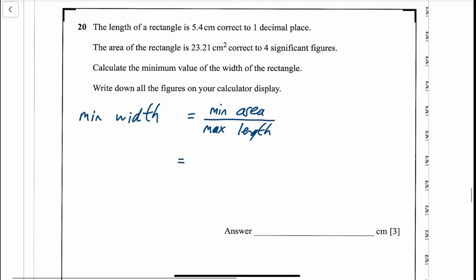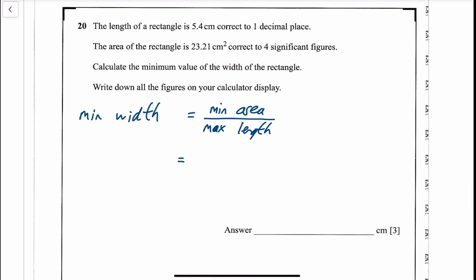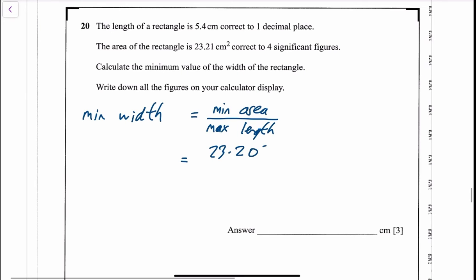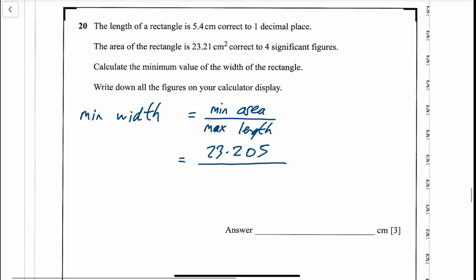Make the area minimum, so it's going to be 23.205, and make the length maximum, so it's going to be 5.45, which works out to be 4.258, and that's going to be centimeters, and that is it.